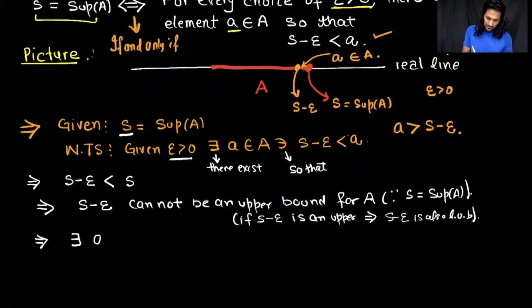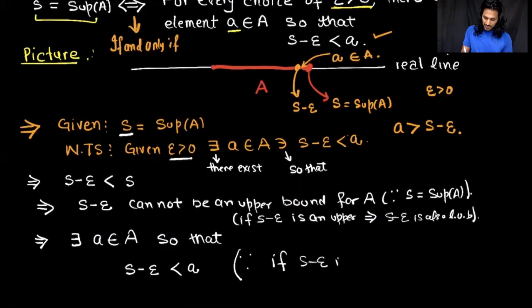If it cannot be the least upper bound, this implies there will exist a, a member of the set A, so that s minus epsilon is less than a, because s minus epsilon is not an upper bound. We will use the definition of an upper bound. If s minus epsilon is an upper bound, this implies s minus epsilon must be greater than or equal to every member of the set.